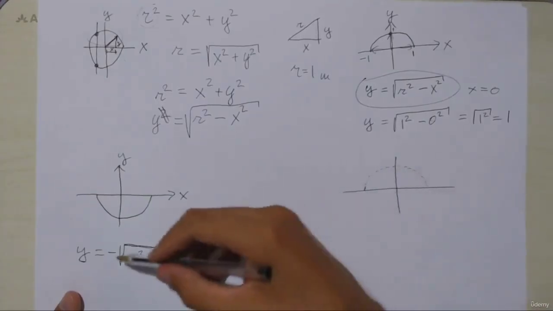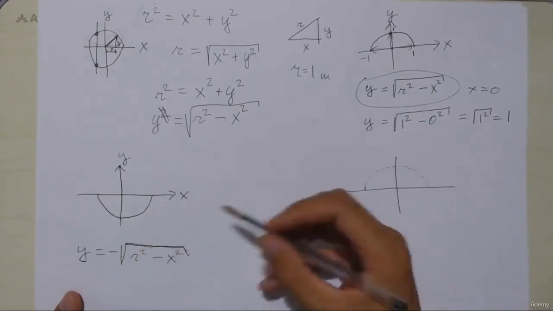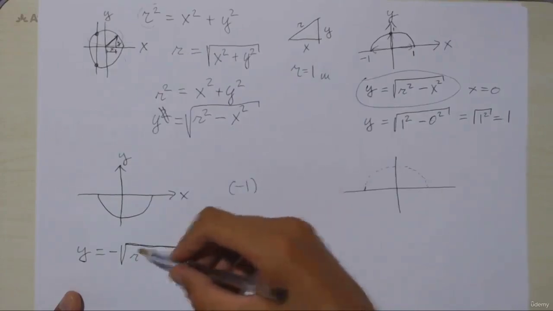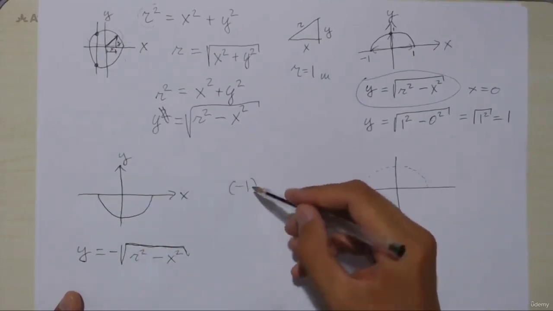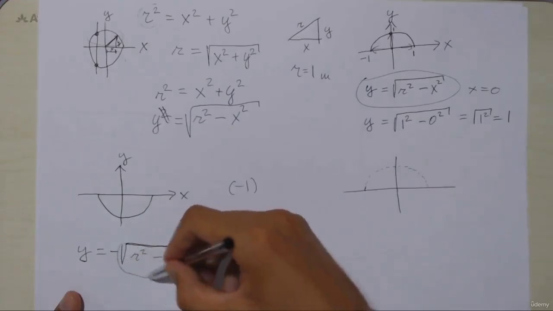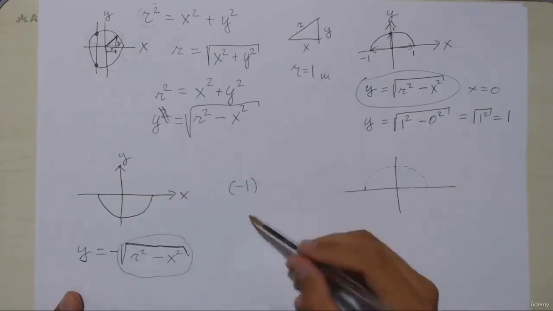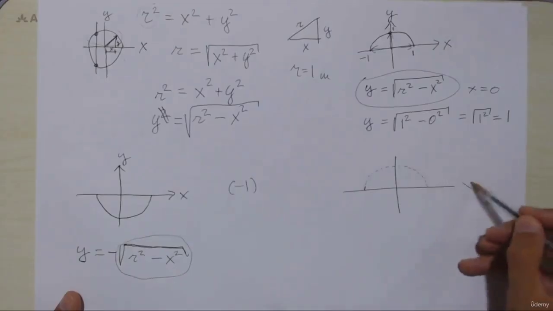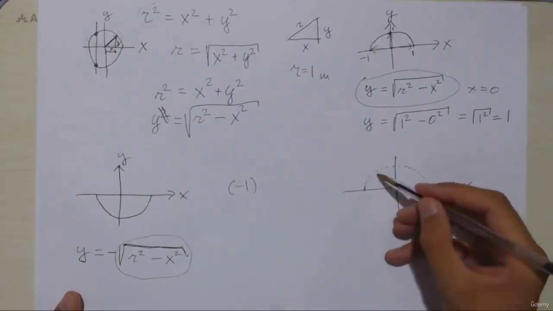Well, if I put a minus in front, that means I put minus 1 in front of this function, and I multiply minus 1 by this function. If I do that, then all these points will be mirrored about the x-axis.